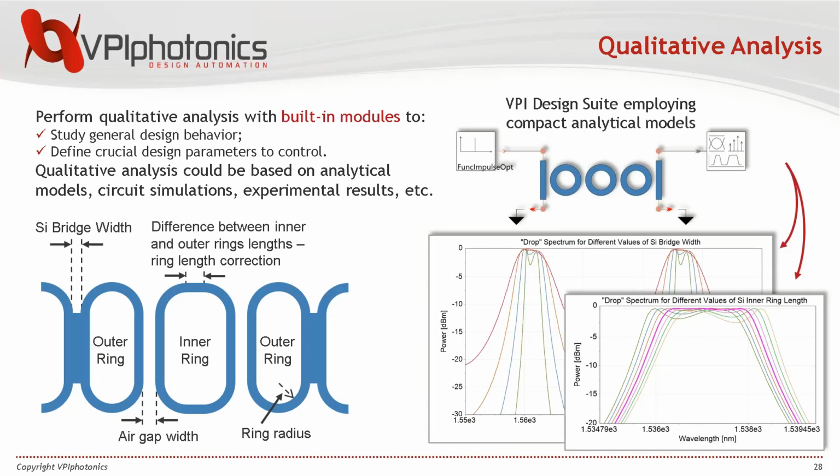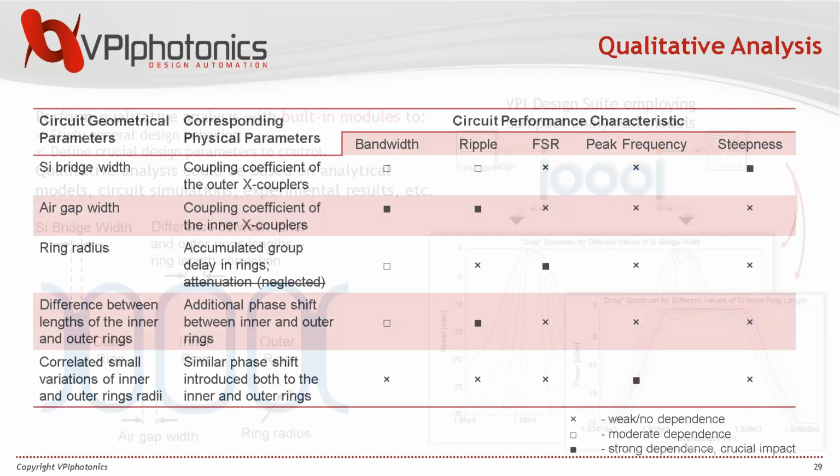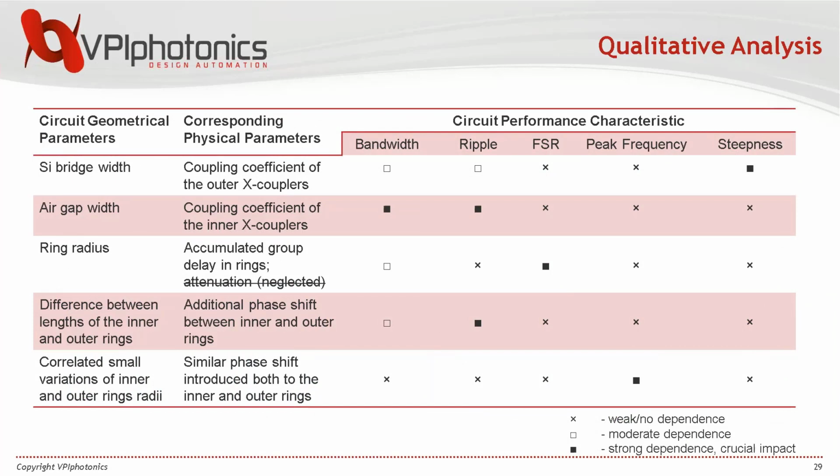For example, on this picture, we can see how the difference between ring lengths impacts ripple and bandwidth, and we can see that the impact is really high. So based on these results of qualitative analysis with built-in analytical models, we can put together such a table where we can see which parameters influence which characteristics of our filter.